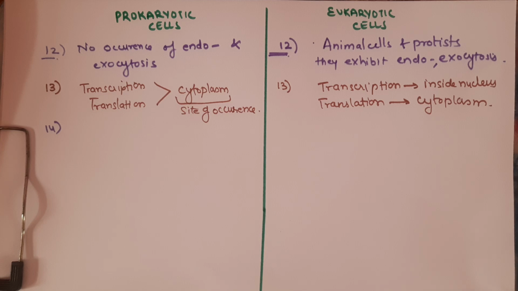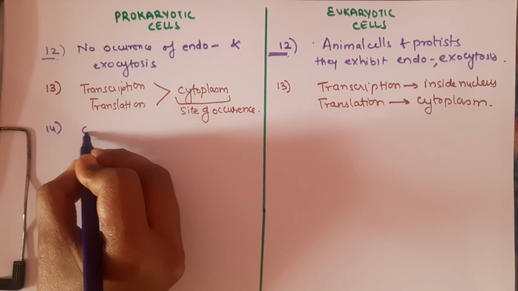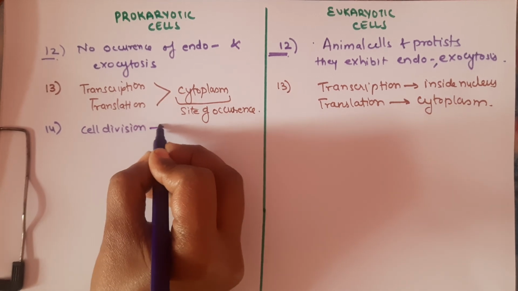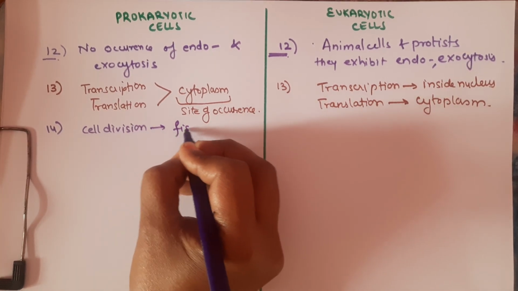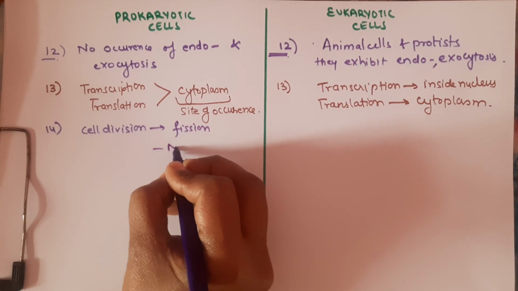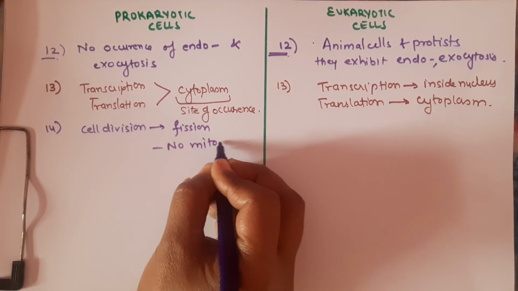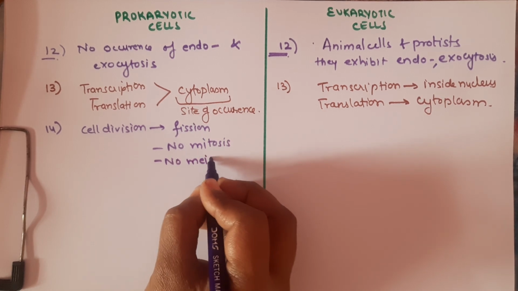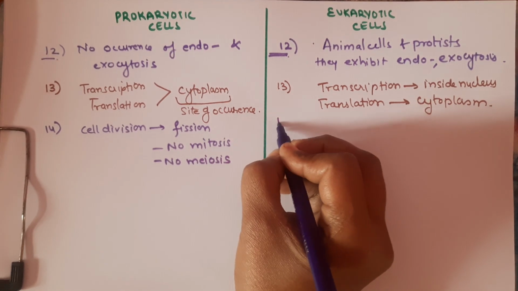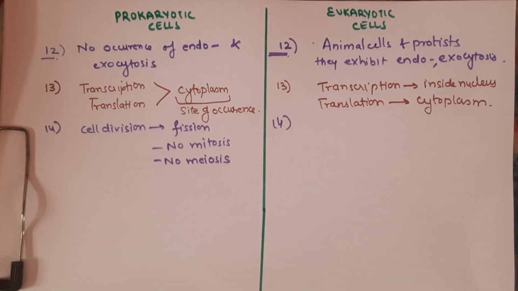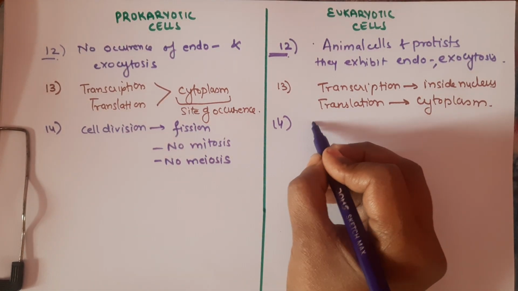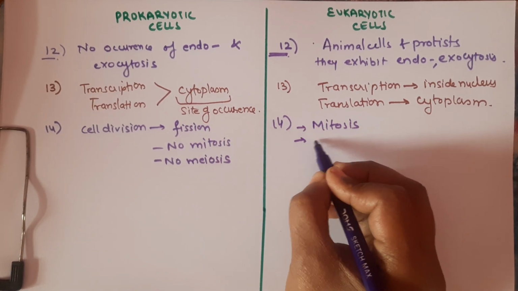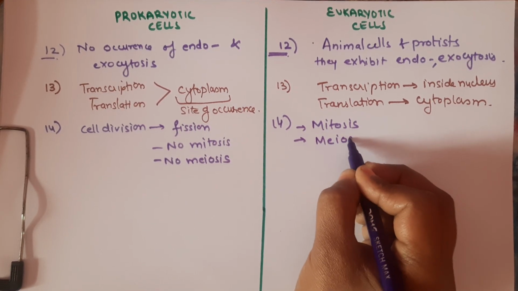So cell division is occurring by fission, and no mitosis and no meiosis is displayed by the prokaryotic cell, whereas the eukaryotic cell divides through mitosis or by the process of meiosis.